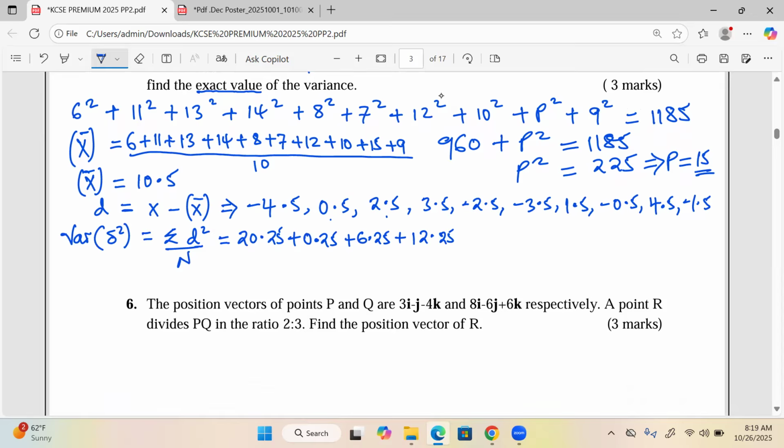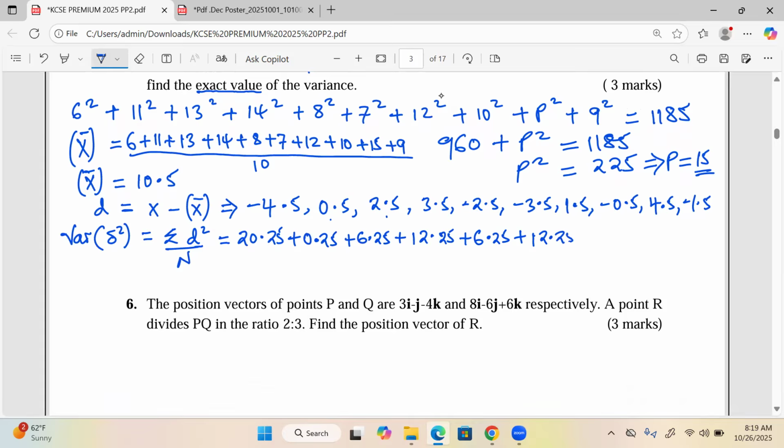After 3.5, we add 2.5 squared, 6.25. After that, we add 3.5 squared.